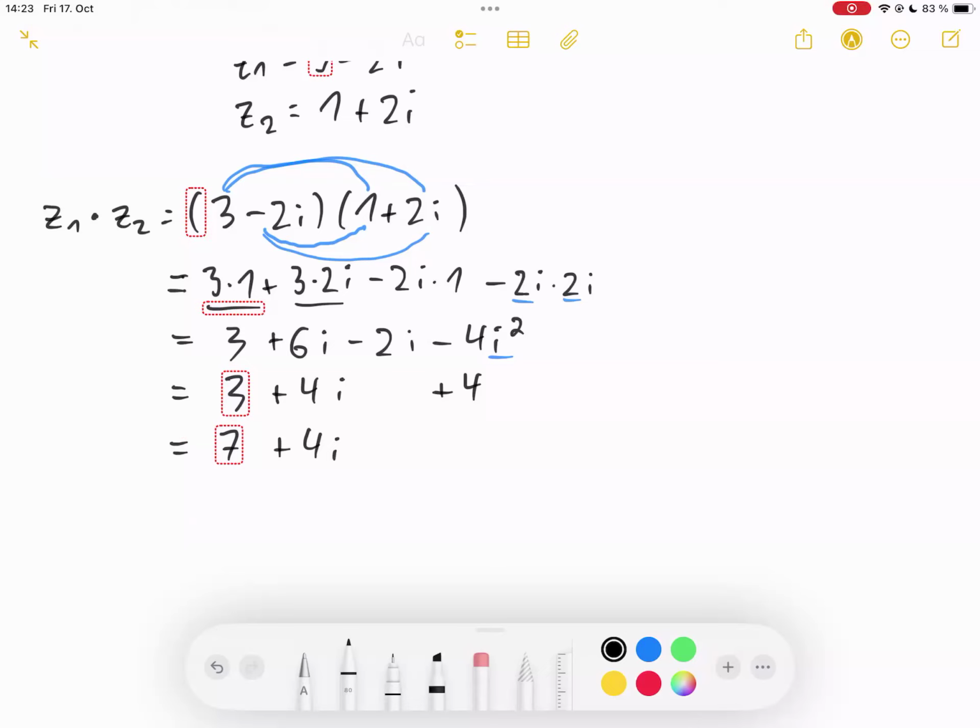So you should simplify this as far as possible, and when you have things like i squared, the i squared will turn into minus 1, with the minus here, so plus 4. Do you all feel okay with multiplying complex numbers? Maybe just let us know with a thumbs up or thumbs down.